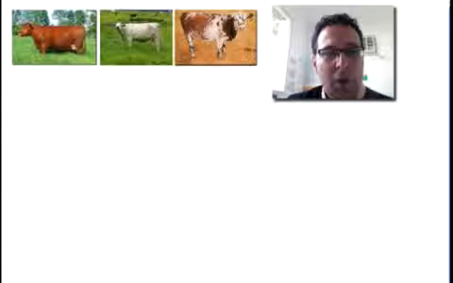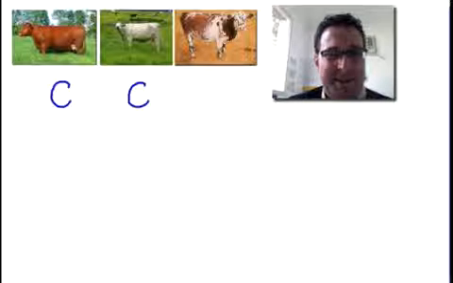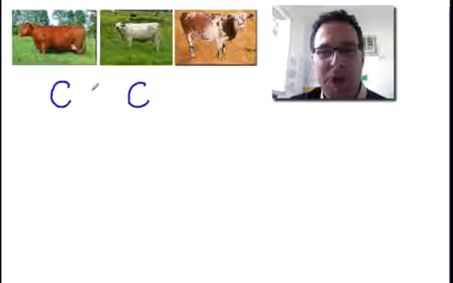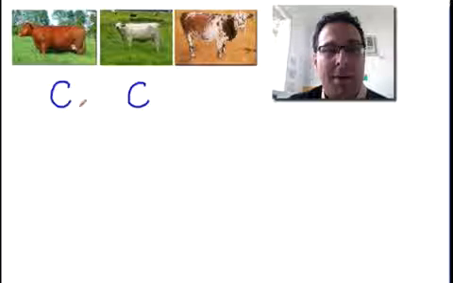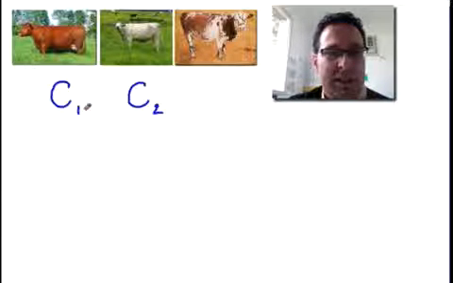So what we really need to do is give them both a capital letter because they're both dominant. But obviously that's a bit confusing because we won't know which C is which. So we have to have some way of differentiating them. Some people like to call them C1 and C2, and that works, that separates them.